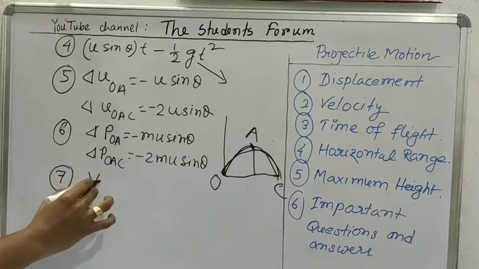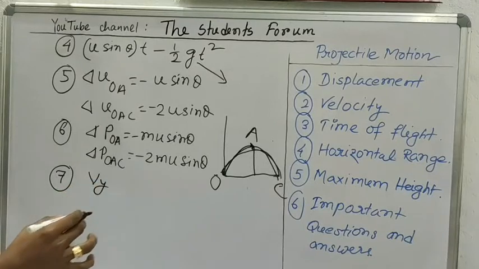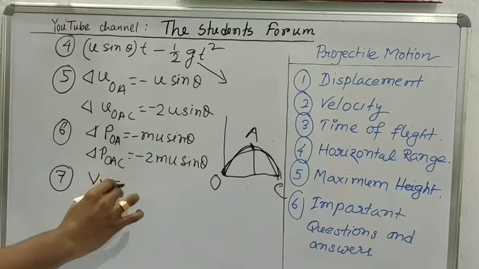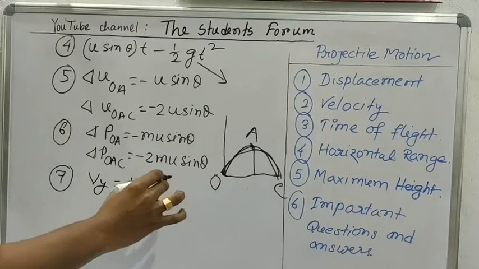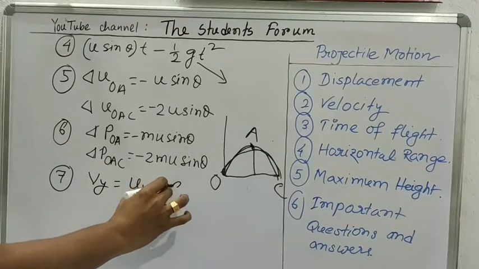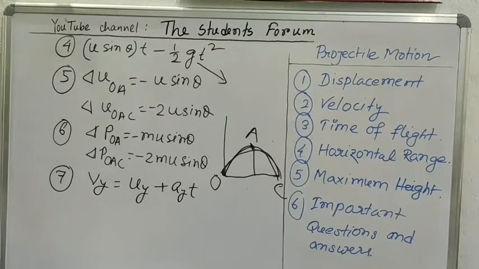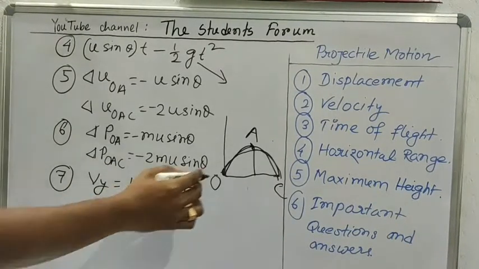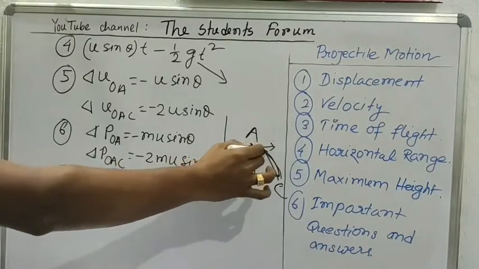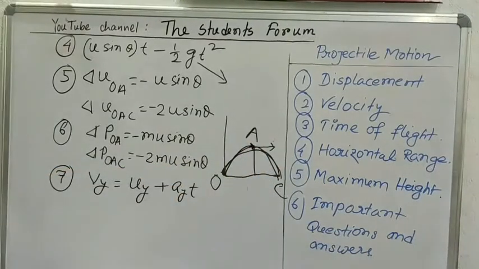It is given by the vertical component of final velocity equals initial velocity plus g t. Now the vertical component of final velocity will be 0 because the motion will be along the horizontal at the highest point.